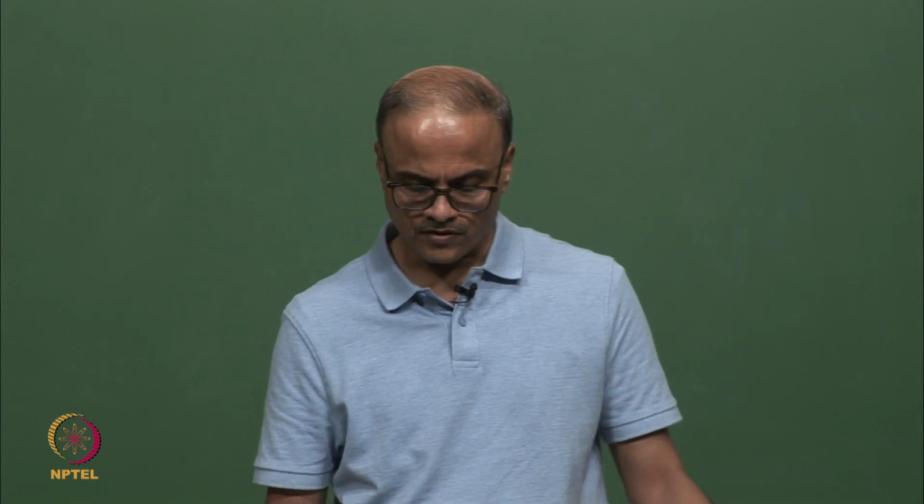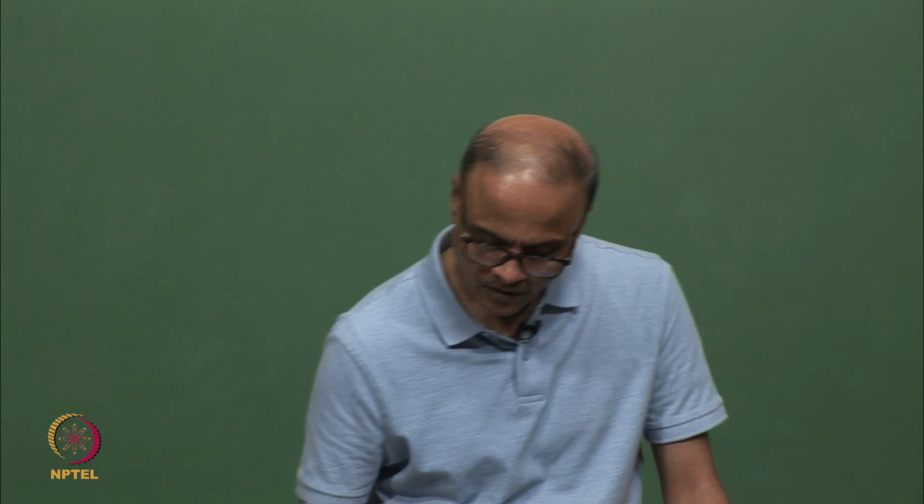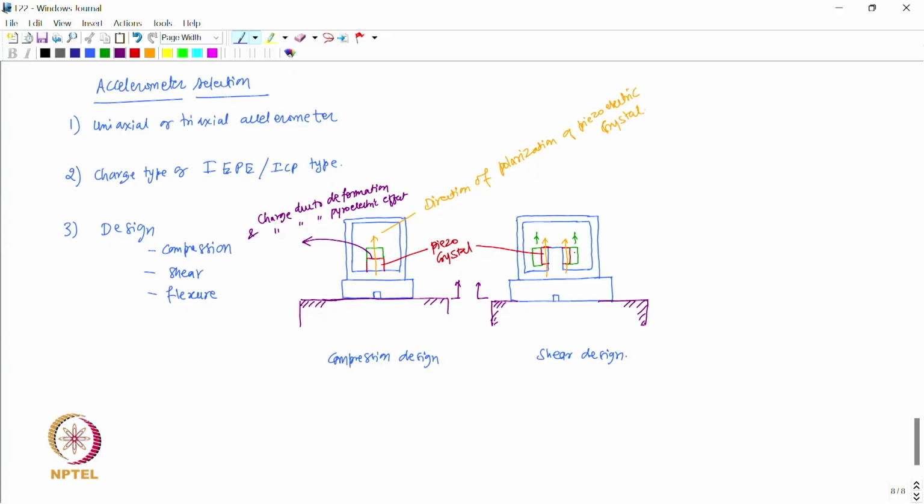But in case of shear design, the charge due to deformation is developed on this surface. So, the charge due to shear deformation is developed on this surface, while the charge due to pyroelectric effect is developed on a surface which is perpendicular.